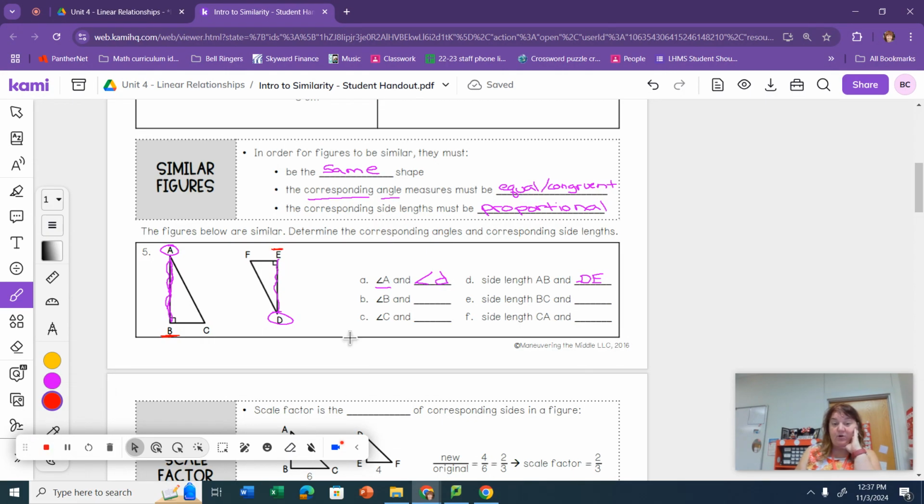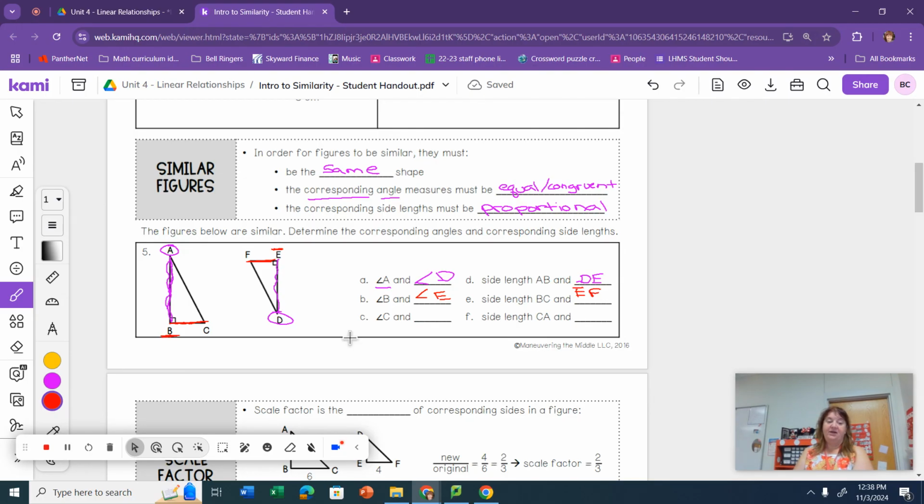That would go with angle E. Angle E. I guess I should have made this one capital. So let's erase that and make it capital. Okay. So if B and E are the exact same, then BC is going to correspond with EF.